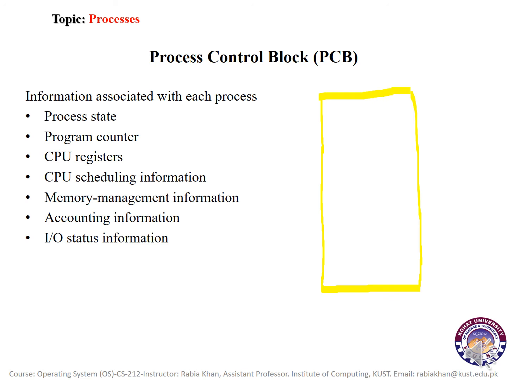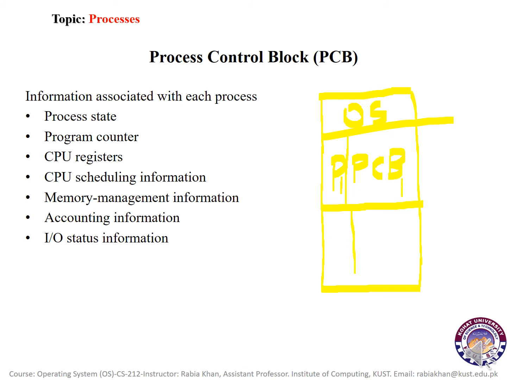Top location has been occupied by the kernel. The operating system occupies the top location, while the rest of the memory is divided among user processes. So this is, for example, P1. So its PCB will be loaded along with it here. PCB1 will show the controlling information related to process 1.